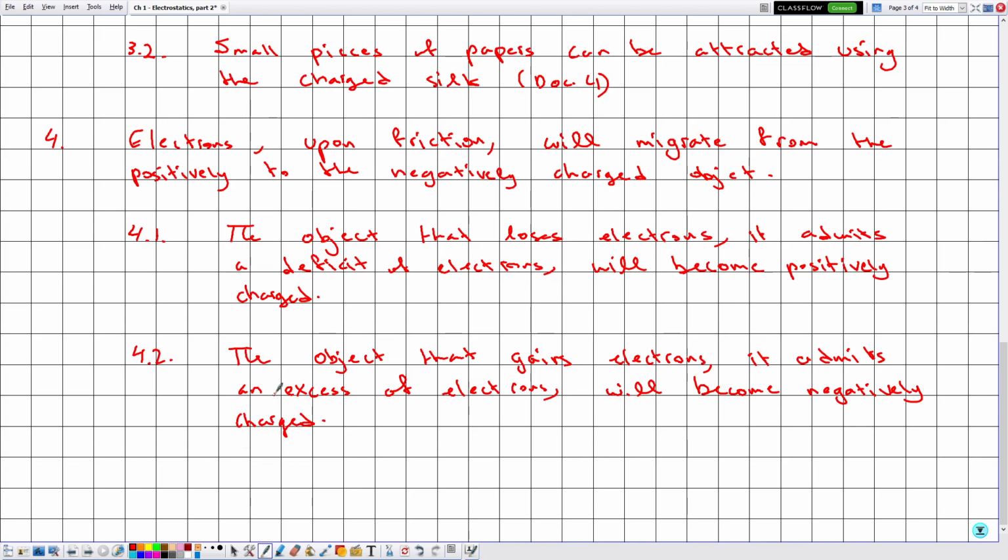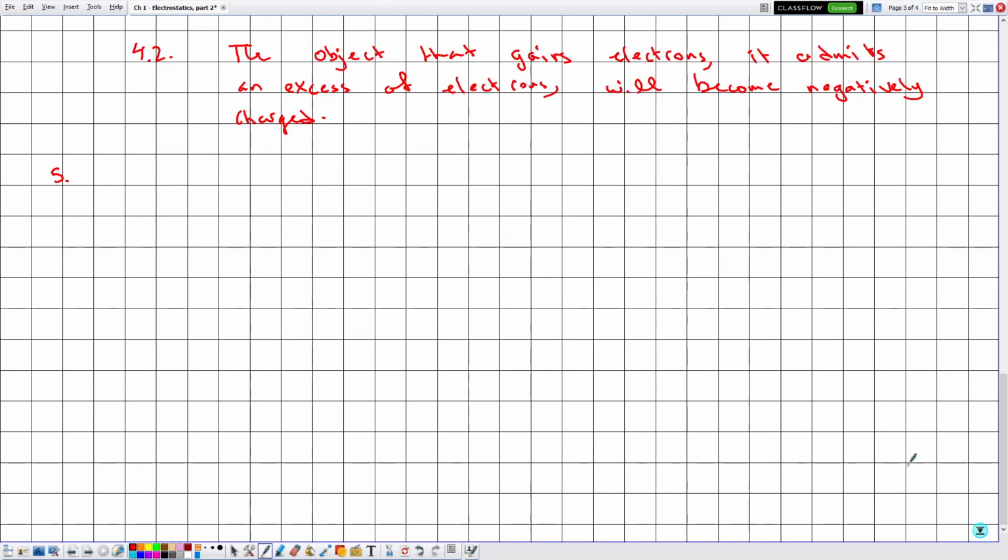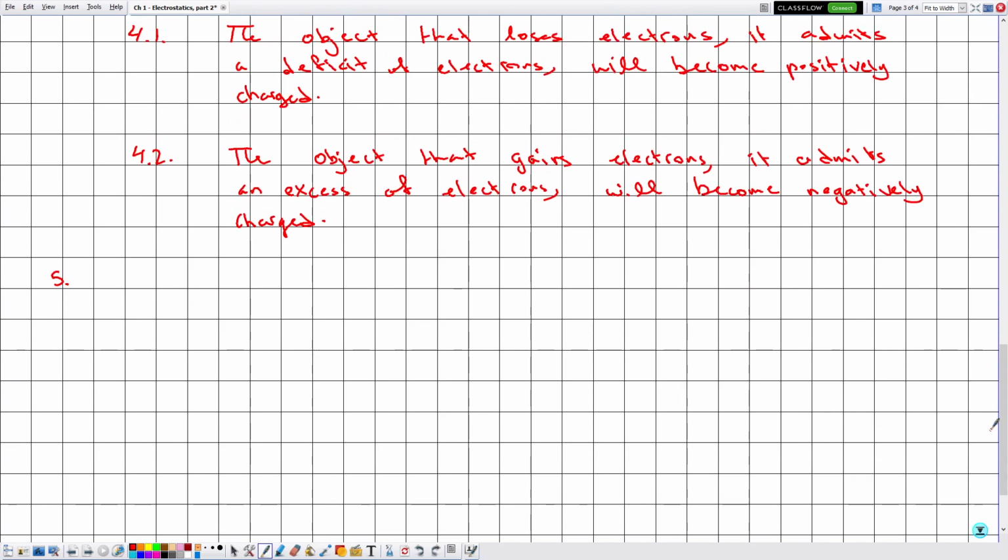And now let me say section number 5. That we can ask ourselves which of the following objects may lose or gain electrons. So this question is a bit difficult, and let me see the direction of migration.